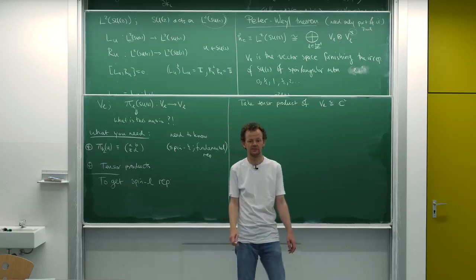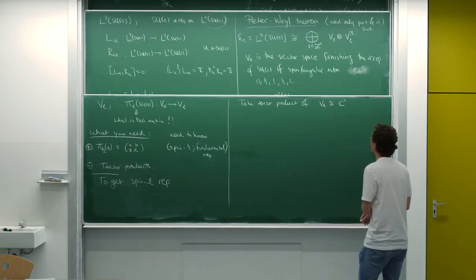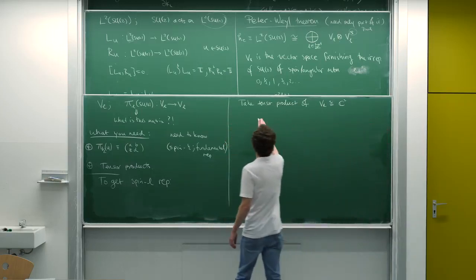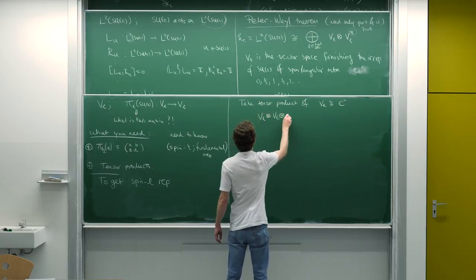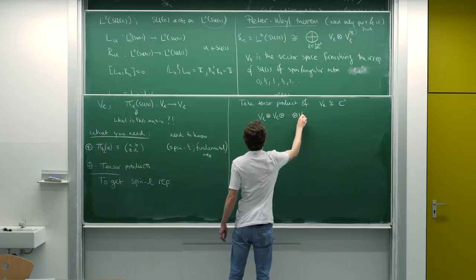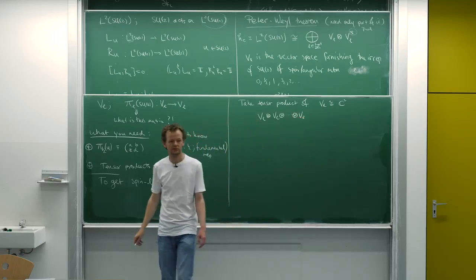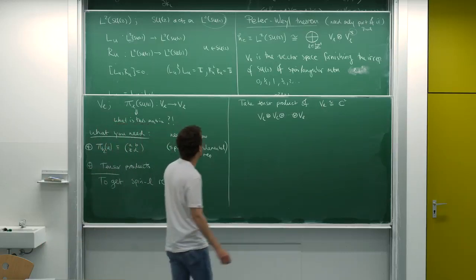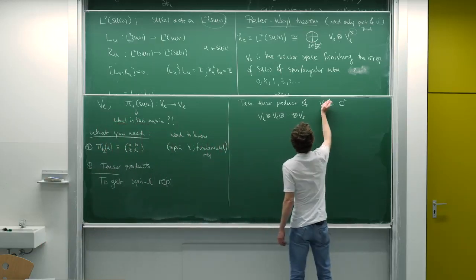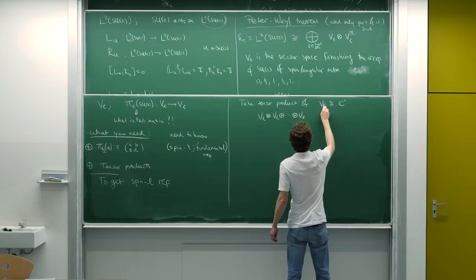That's the vector space that affords the fundamental representation of SU2. And the number of times you need to do this is equal to the spin of the representation you want to find. Oh, whoops. Sorry, that's always a half.